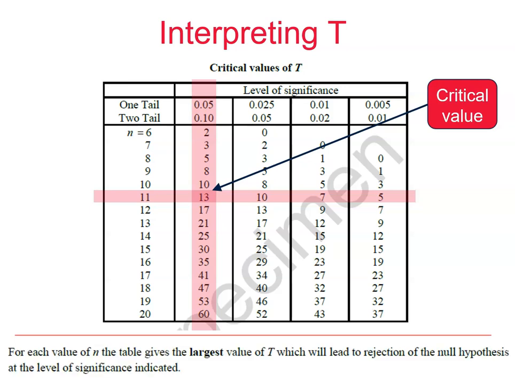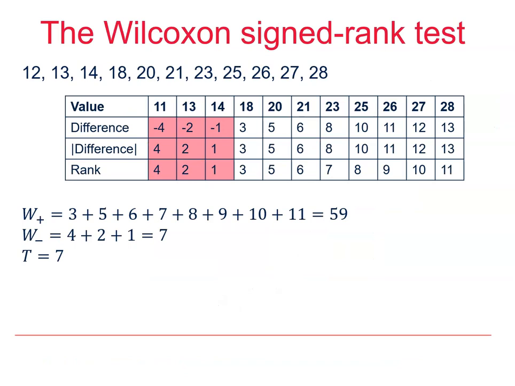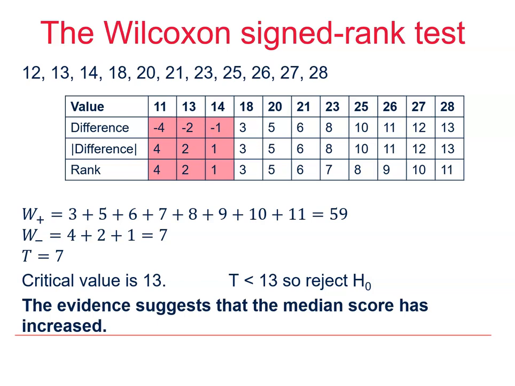So the critical value is the largest T can be and still reject the null hypothesis. Our value of T is 7, which is smaller, so it's in the set of values which leads to rejection of the null hypothesis. So, the critical value is 13, and our T is less than 13, so we reject the null hypothesis. And write the conclusion in context.